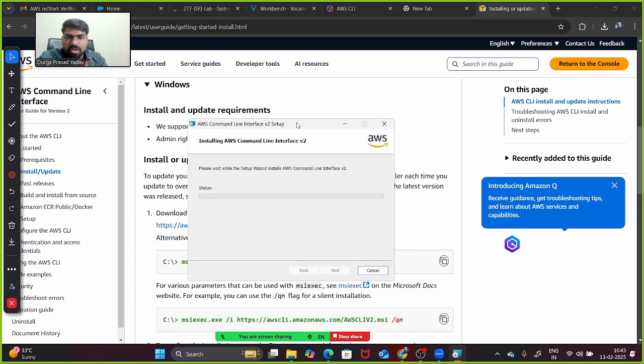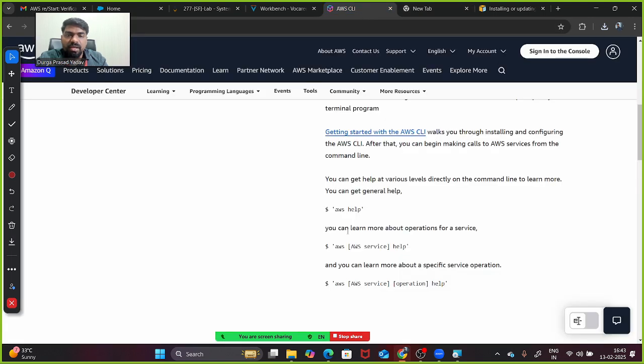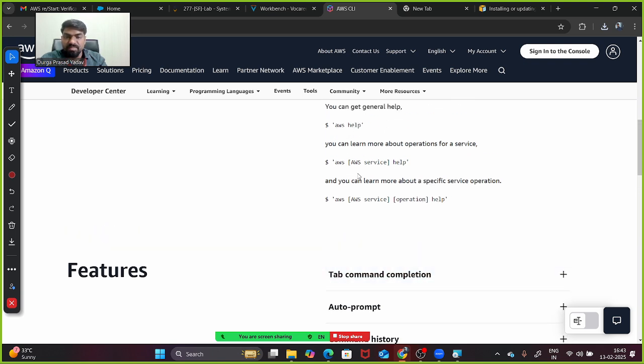So it is installing. If you need to check whether AWS CLI has been installed on your computer or not, it is telling us a few commands here. You can run aws help, or you can run aws with some service and help, or keep some operation and help. So you can write some commands here to get the help.